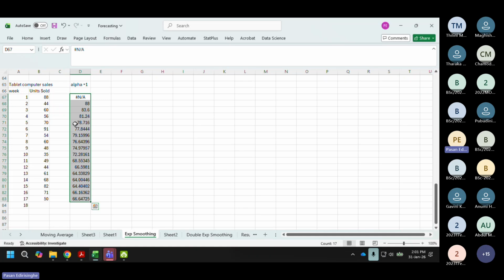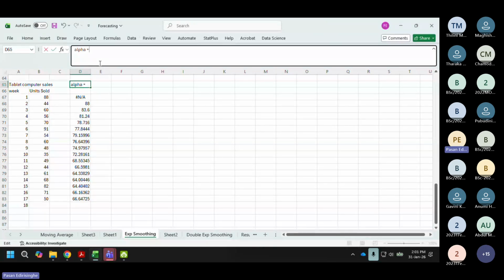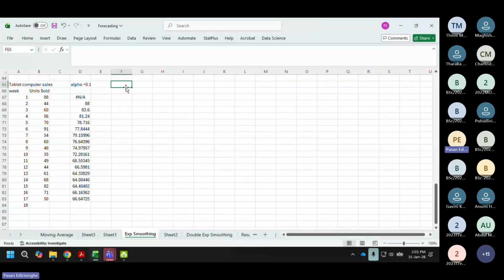So you can see that the predictions are there. So this is for the alpha equals 0.1, right?